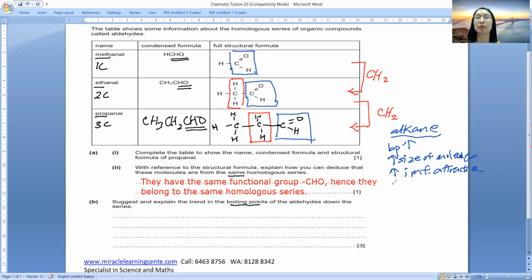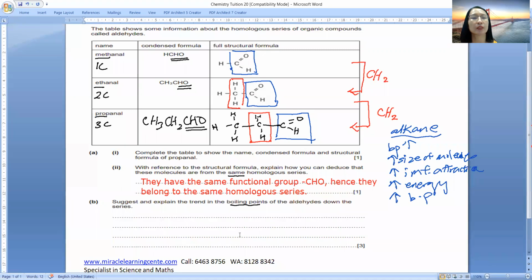So you need more energy to overcome all these forces. Therefore, it leads to the increase in boiling point. And we know that alkanes and aldehydes all have the same simple molecular structure. Hence, the boiling point will increase.